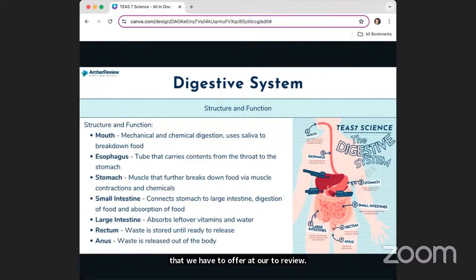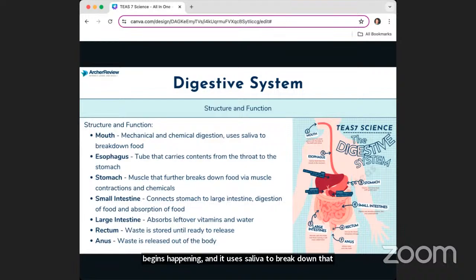If you take a bite of that juicy cheeseburger, or whatever else suits your fancy, I just want you to visualize it with me. First, that food starts off in your mouth, and immediately mechanical and chemical digestion begins, using saliva to break down that food. You chew up your food and go to swallow it.